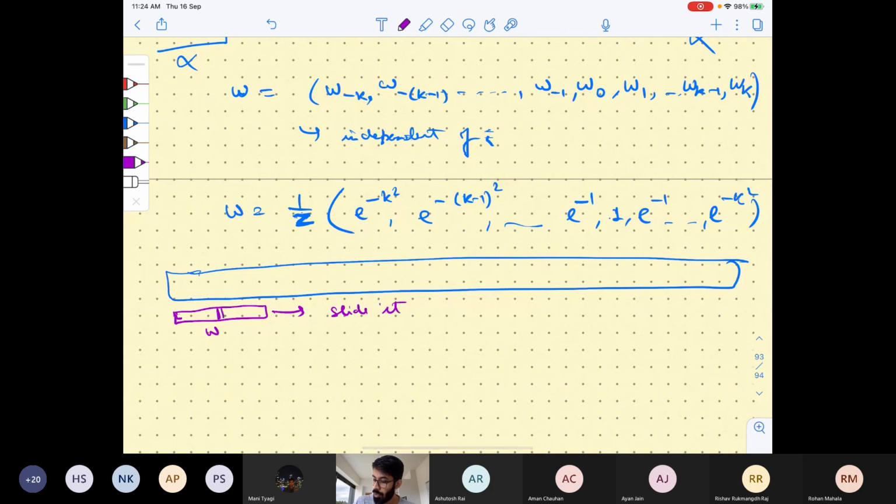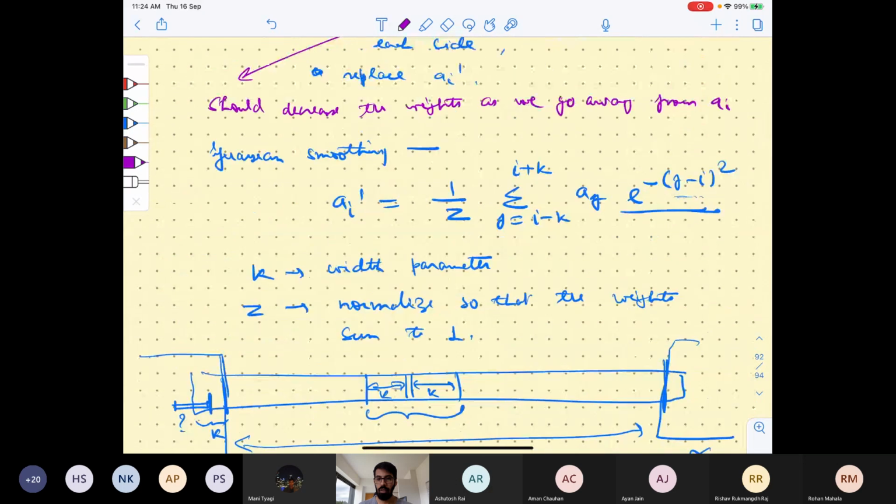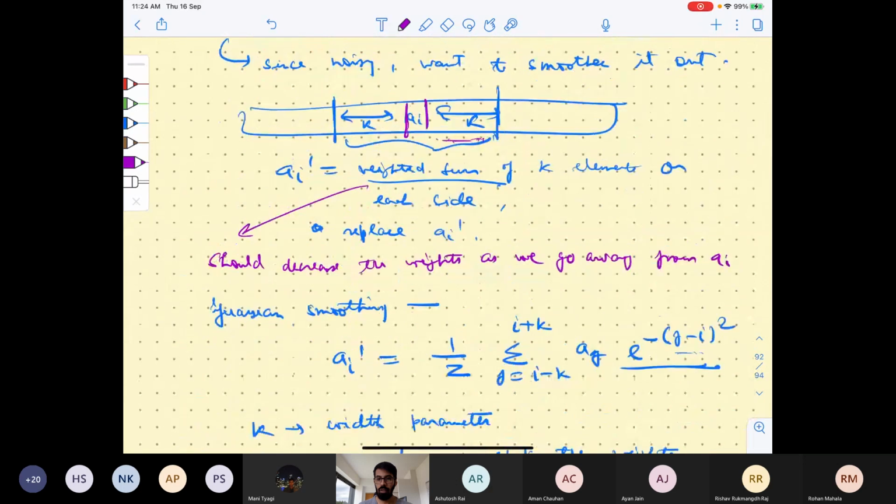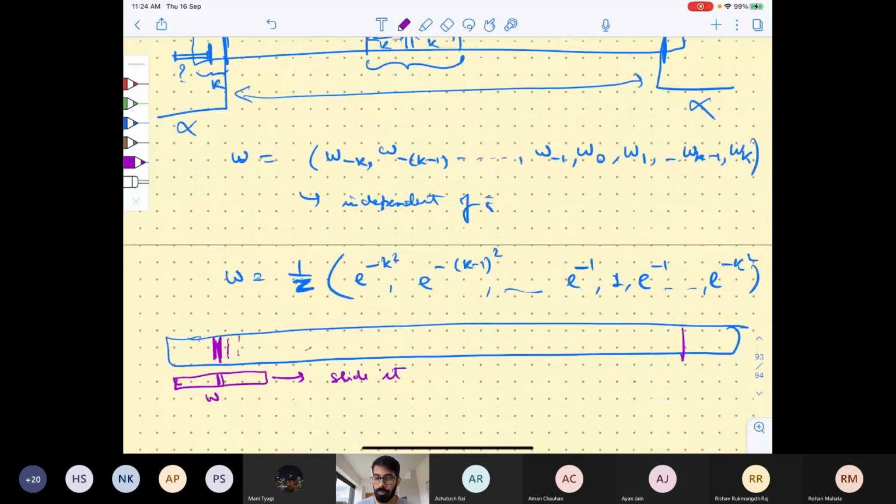We put it here to get this value of a i prime, then we slide it slightly, then we get the next value of a i prime, and slowly we fill out all the values of a i prime. Right? Any question on this? That is how we do this smoothing process.